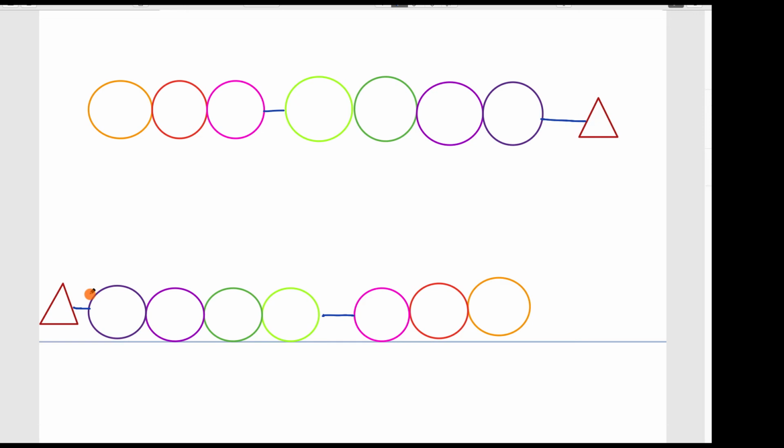Let us see what these various enzymes and proteins are. This is keto acyl synthase. This is acetyl transacylase. This is malonyl transacylase. This one is dehydratase. This one is enoyl reductase. This one is keto acyl reductase.